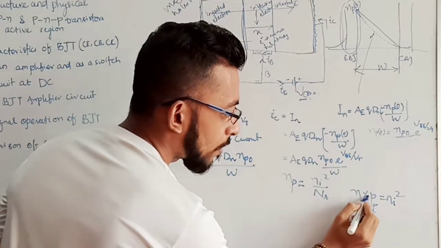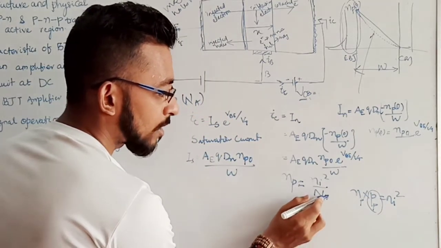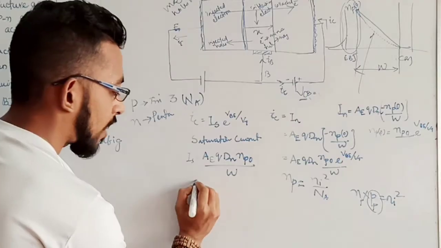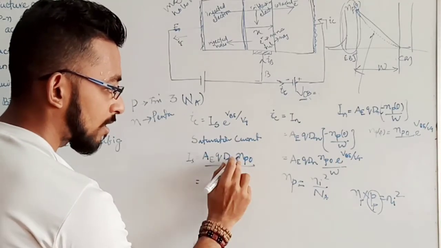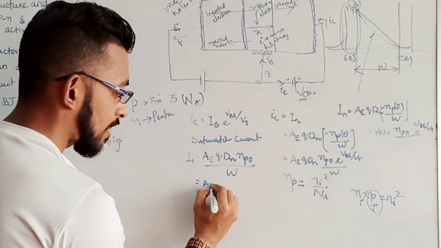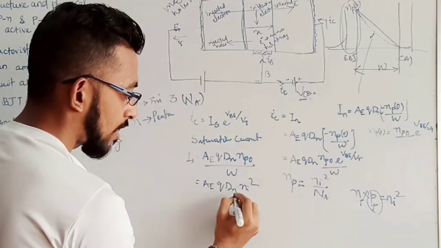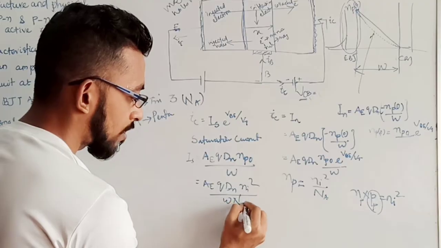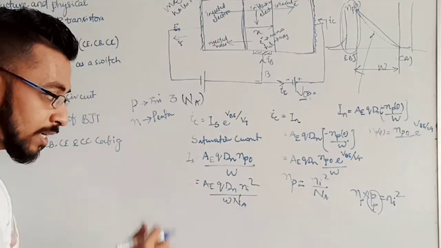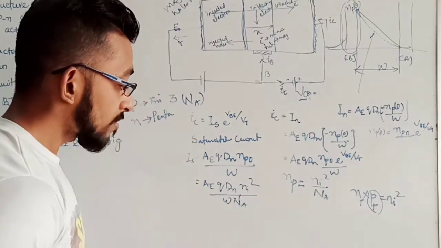That's why for Pp this Na came into the picture. So I can write in place of Np naught, this Np naught is nothing but Ae q Dn Ni square upon W Na. Okay, I think this point is clear.